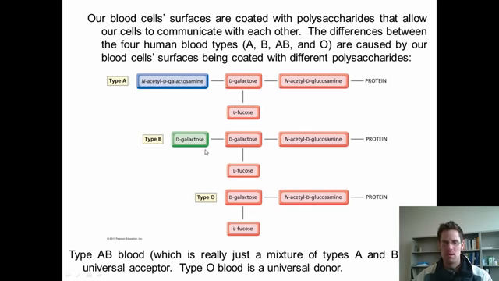Similar would occur with type B. So once again, that explains why someone who has type AB blood is a universal acceptor, and someone who has type O blood is a universal donor.